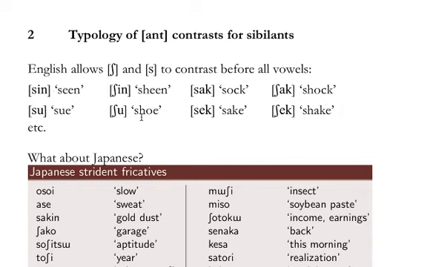Similarly, before all other vowels, you get the same contrast. Sue means something different from shoe. Sock means something different than shock. Sake means something different than shake, and so on and so forth. Right? Now, we're only going to consider in this section sibilant fricatives that occur before a vowel of some sort.